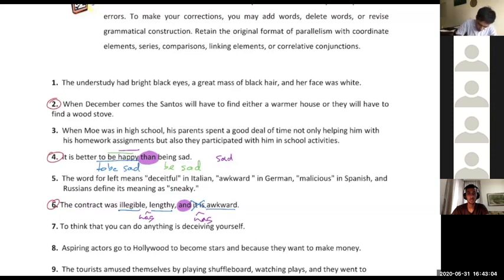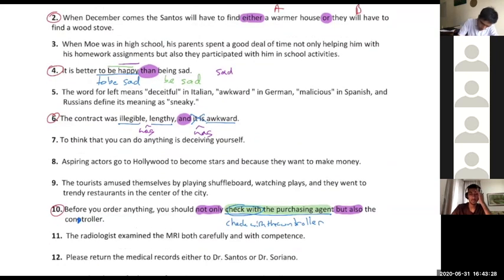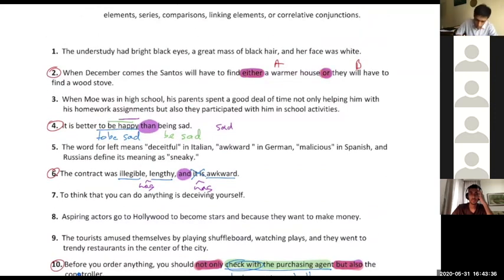When December comes, the Santos, to find the conjunction, or, yeah. And where's the phrase? Santos will have to find A or B, right? So either, sorry, you match or with either. Either and or go together, right? Just similar to how not only and but also went together, that's how we found the middle statement. Similarly, either and or go together. So that's how we know A and B. So you copy a warmer house and a wood stove. So the answer would be a wood stove.